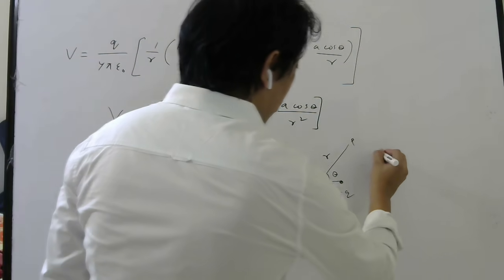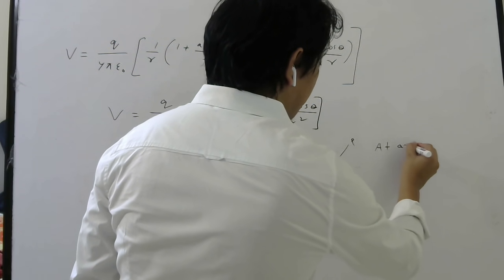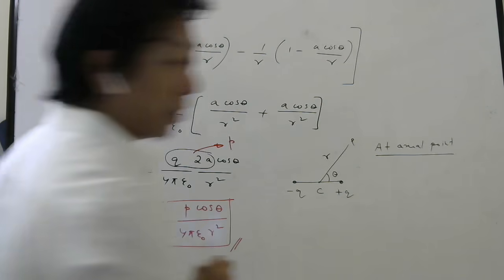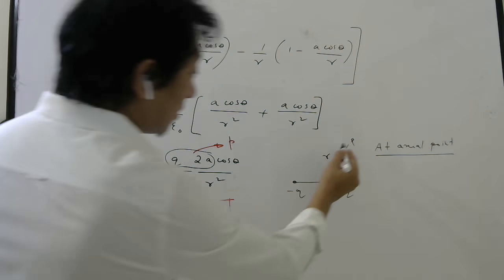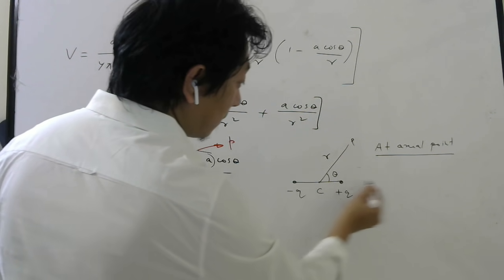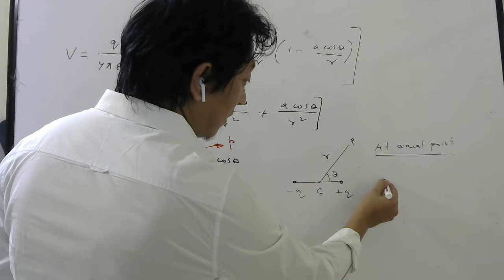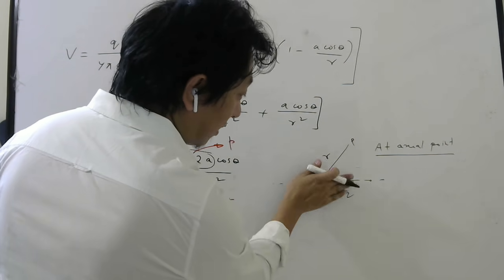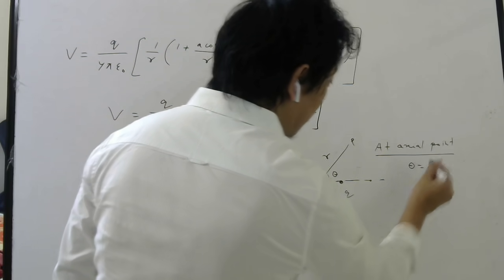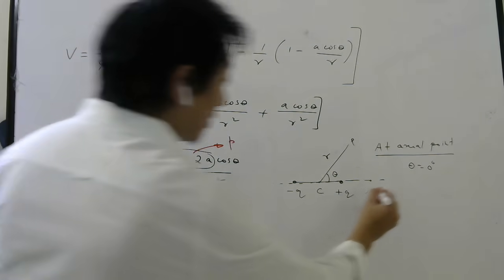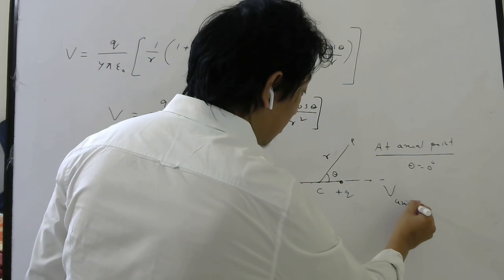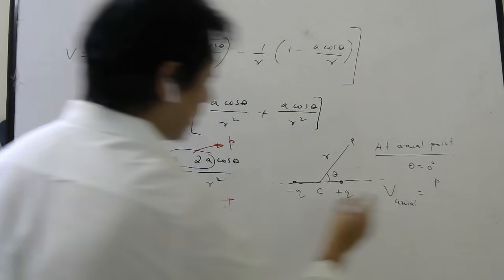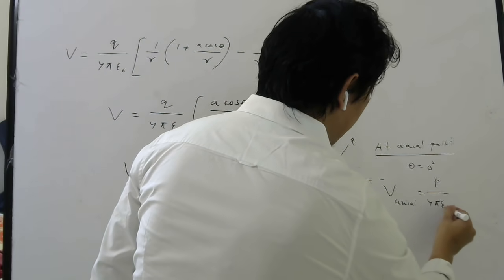Now tell me, at axial point, if I ask you potential due to a short dipole, axial point means this P should be in this line. So if this P is along this line, then what will be this theta? 0. So at axial point, theta is 0 degree. So what will be the potential at axial point due to dipole? P cos 0 is 1 divided by 4 pi epsilon naught r square.